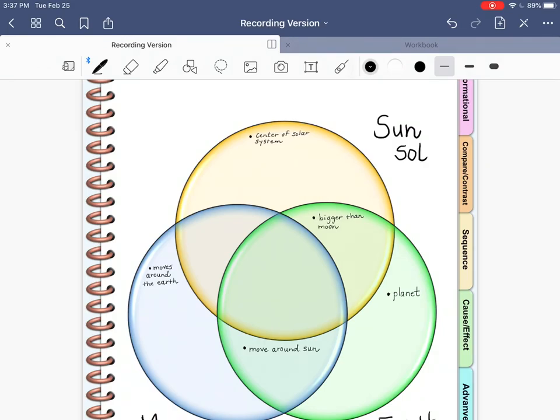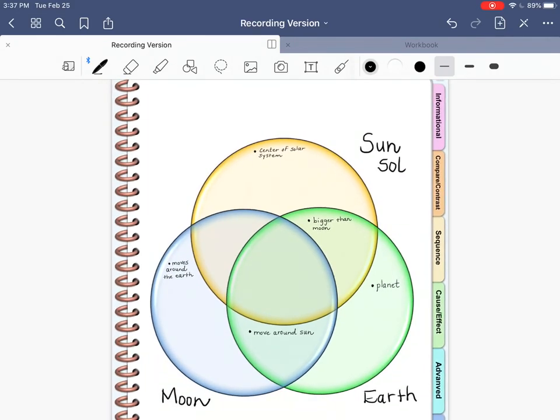Okay, what about this one? Held in place by gravity. Is that true of the moon? Yes. Is it true of the earth? Yes. So it could go here, but is it true of the sun? Yes.